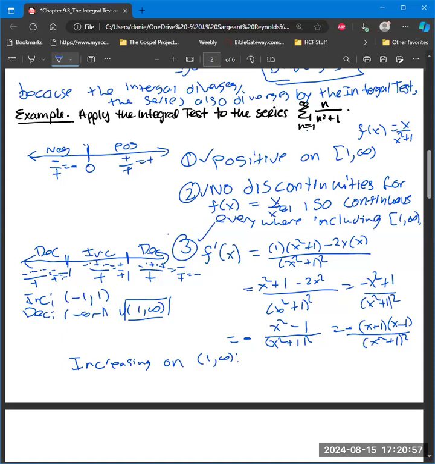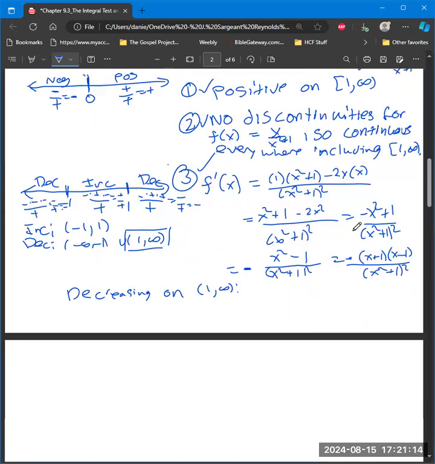Positive, continuous, and decreasing, sorry. Why do I keep saying increasing? I mean decreasing. Decreasing on 1 to infinity. All right, so positive, continuous, and decreasing. So I get to use the integral test.